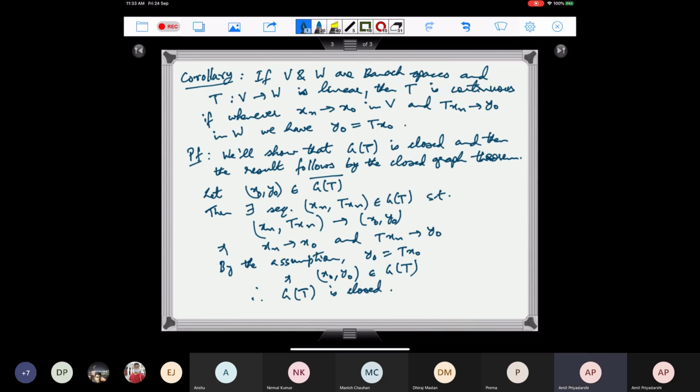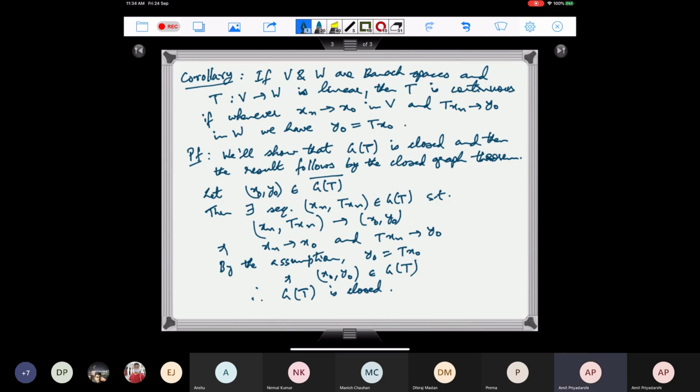Maybe I'll give some problem where you will see how you can apply this to prove continuity, and that will show you that it can become easier by assuming that Txn is already convergent. Maybe in the next video I'll try to give an example which shows that V and W being complete is actually necessary.